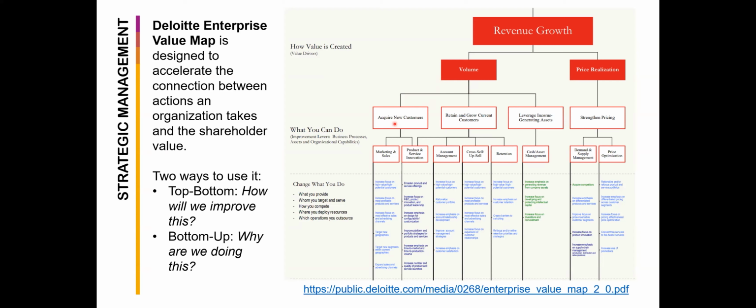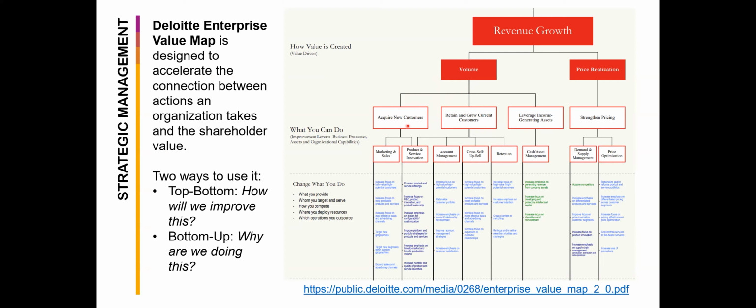We can acquire new customers, retain customers, or leverage some assets that are generating money for us. If our direction now is to acquire new customers, especially for subscription models, these are the two main areas they're working on: to acquire new customers and retain them.